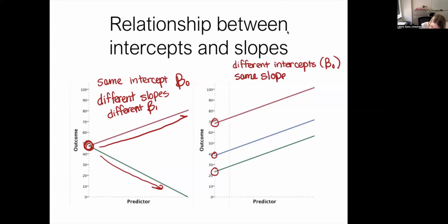So we can tell that they're the same slope because they're parallel to one another. And so it's the same rate of increase for the same change in x. So throughout, right, we change our predictor by this much, then our y's change by the same amount. So my arrows are the same size throughout.